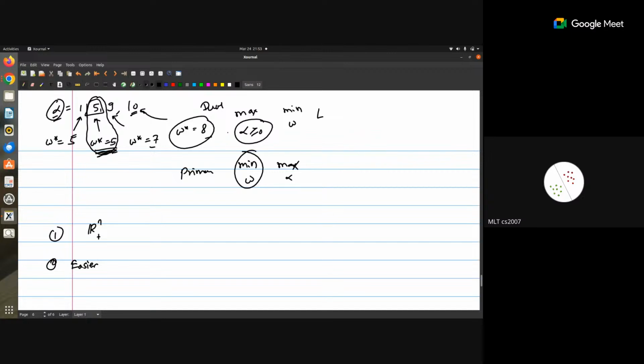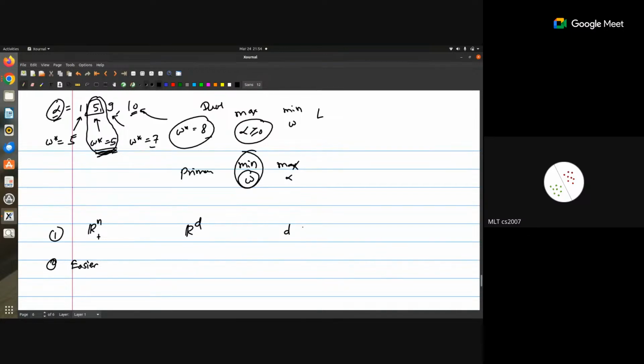And in the primal problem, when I say fix W, we have to find it for almost all W's, positive, negative, everything. So primal is working along d dimensions, and this is along R n plus dimensions.